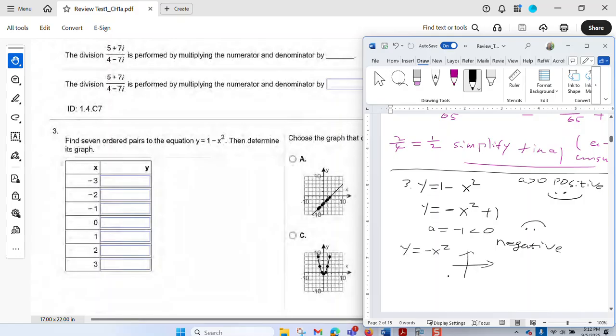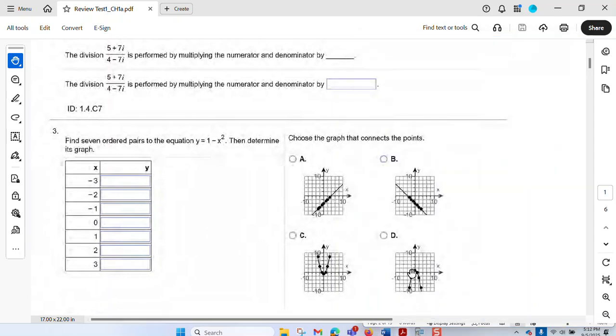If you have y equals positive x squared, this one will be facing up, a smiley face. So it's very easy to remember that way. And then you have a plus 1 here, so that means this sad face moves up 1 unit. So you can see the correct answer. If you know the characteristics here, this is the only correct answer.